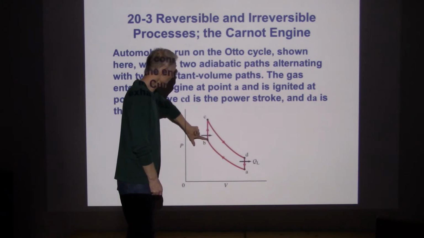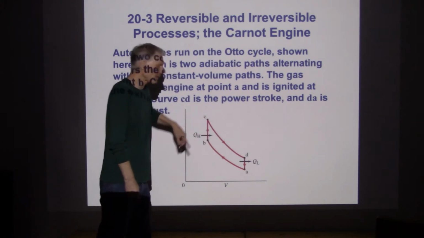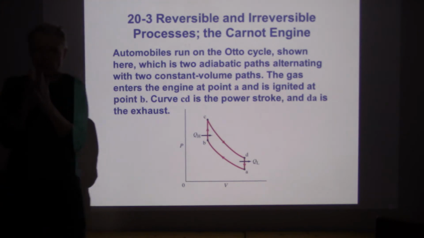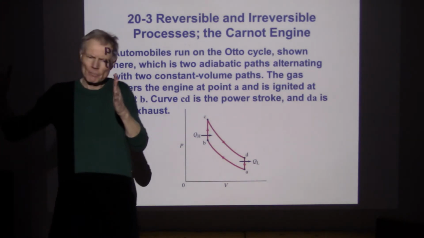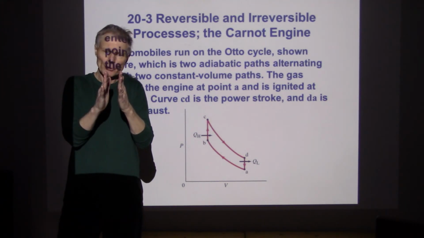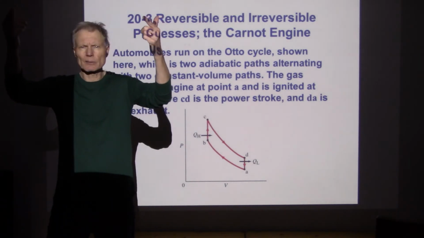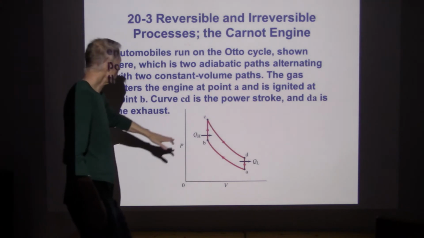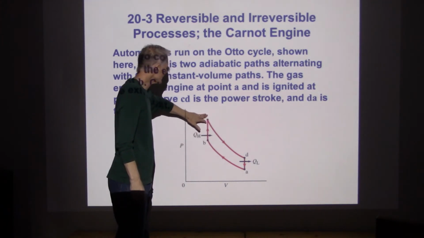And then we ignite the fuel-air mixture, and initially at least, the volume is fixed. The piston has come up, there's a certain fixed volume there, we ignite the mixture, and the pressure rises very rapidly to here.